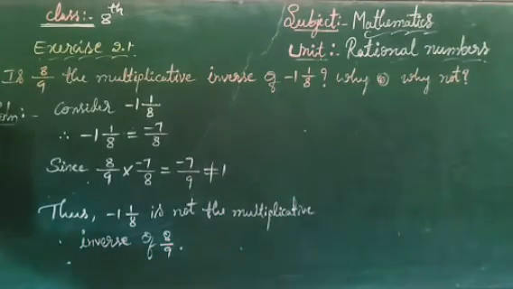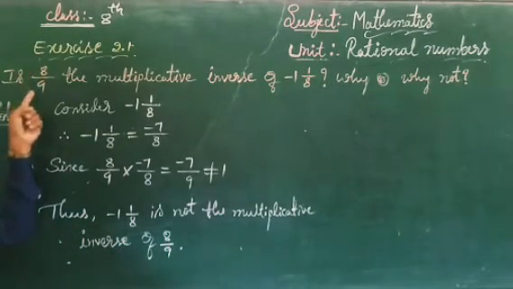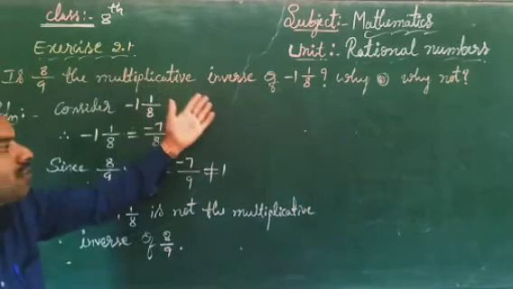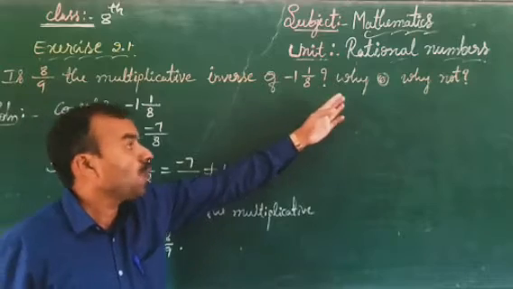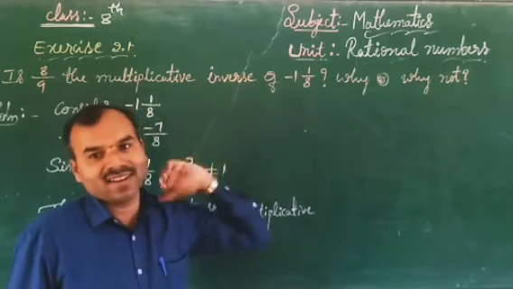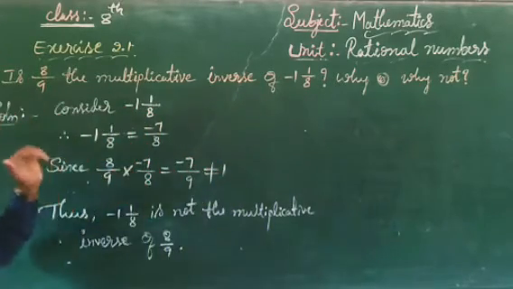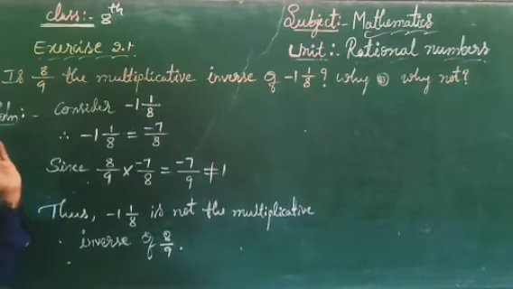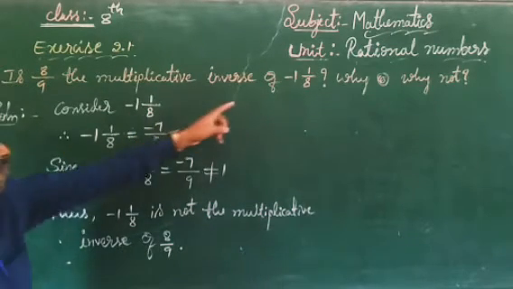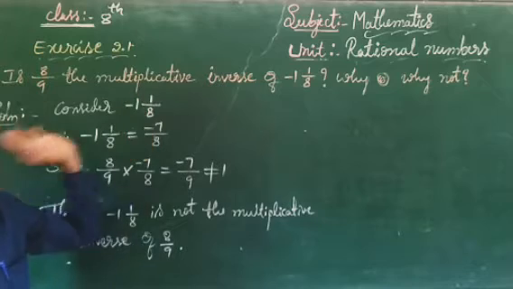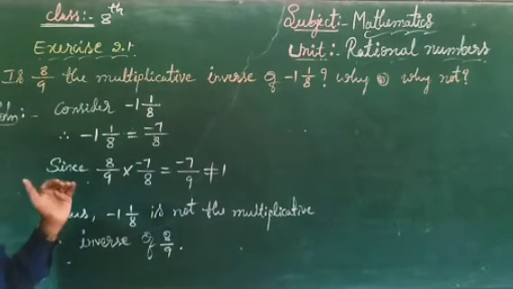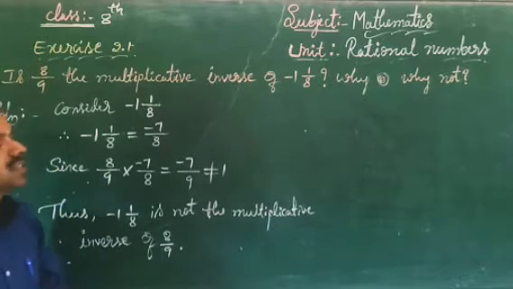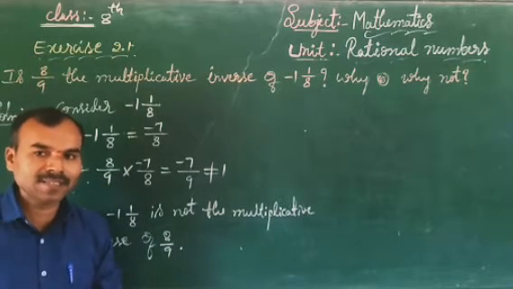Now take down 8.1. Is 8 by 9 the multiplicative inverse of minus 1 by 8? Why or why not? As solution, just consider minus 1 by 8. It is in mixed fraction. We already know the multiplicative inverse and additive inverse, isn't it?